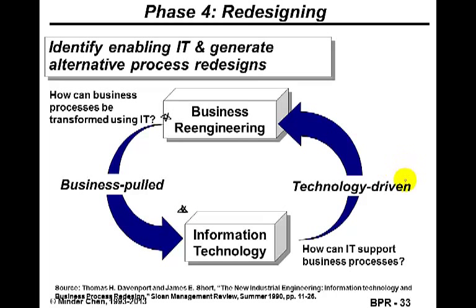However, there's a technology-driven approach, which will explore some of the emerging technology and see where we can apply it within the organization to re-engineer some of the business process. And personally, I think business pull makes more sense, but occasionally using the technology-driven approach may help us to find out an opportunity to apply appropriately some emerging technology within the organization.